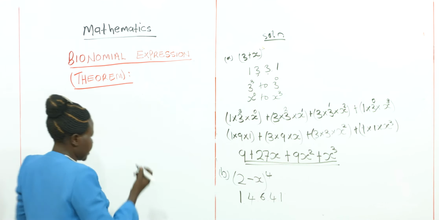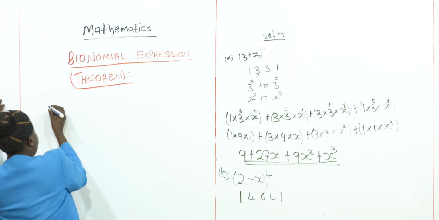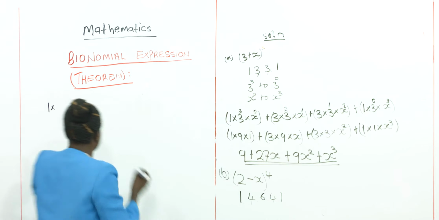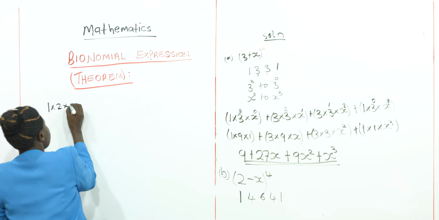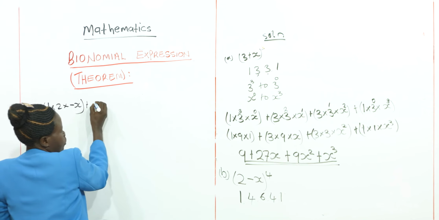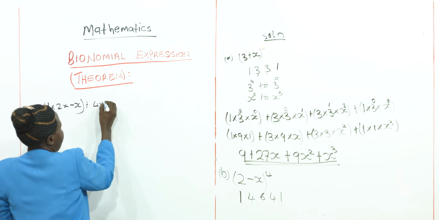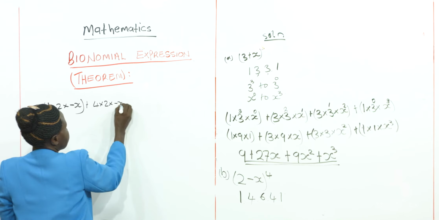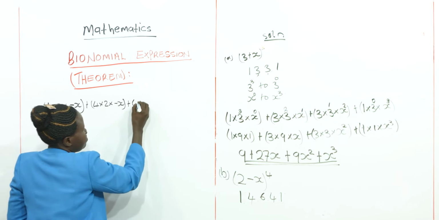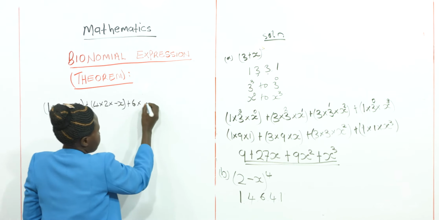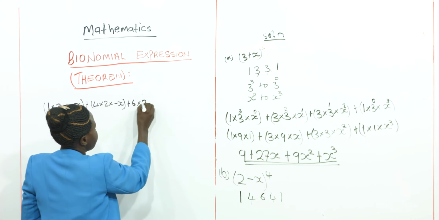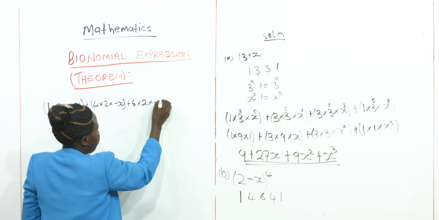We are going to multiply it by the power, 1 times our first term, which is 2, times negative x, close the bracket, then plus 4 times 2 times negative x, close the bracket, plus the third one, which is 6 times the first term, which is 2 times negative x.